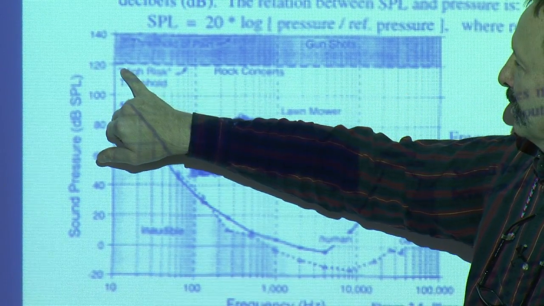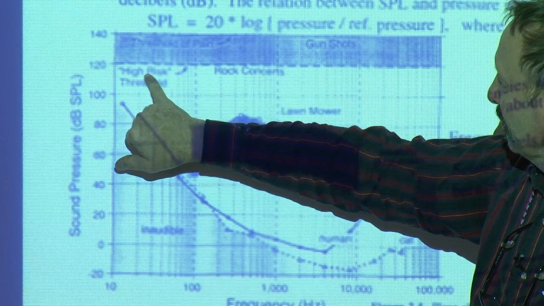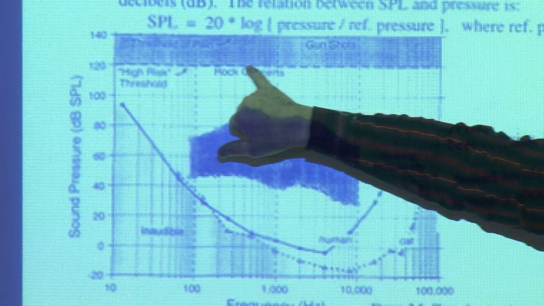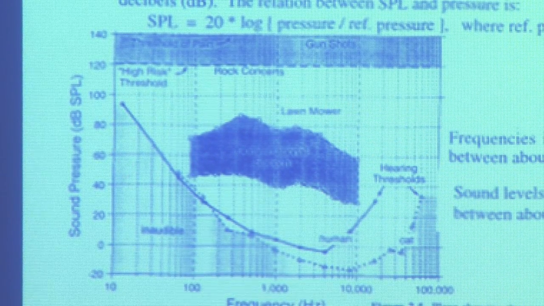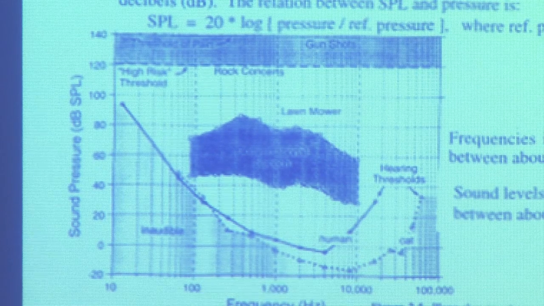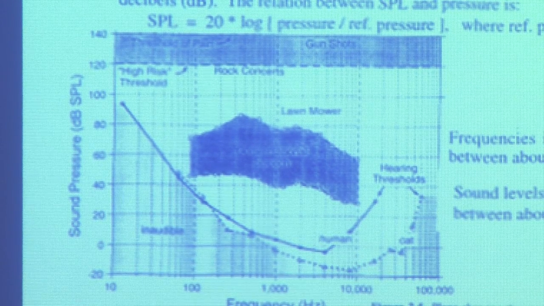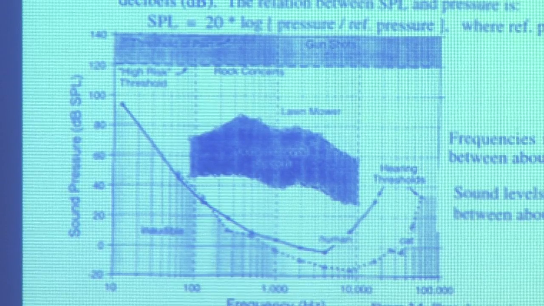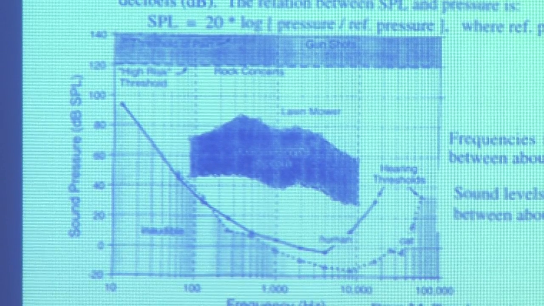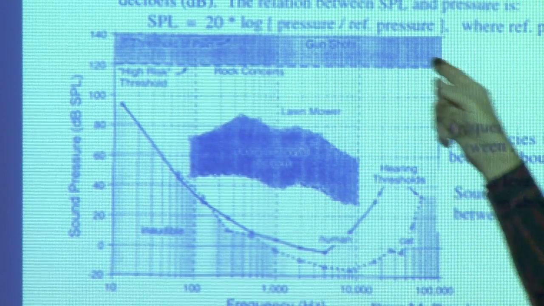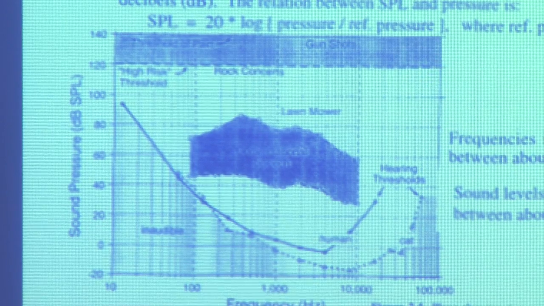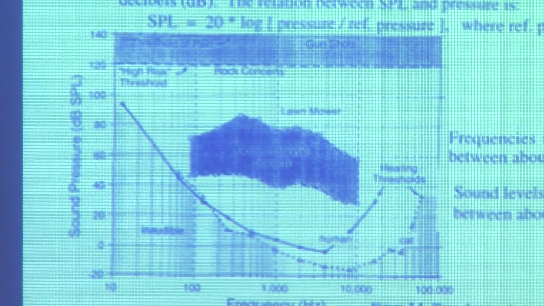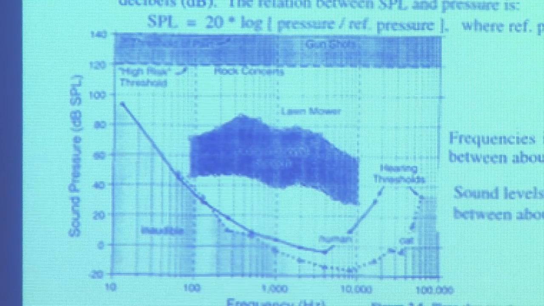And at that risk level, which it says high risk threshold here, right around 120 dB, sounds become painfully loud and damaging to your hearing. And that's what this shaded area refers to. Gunshots, jet aircraft engine, and we'll talk about that during our lecture on hearing loss.